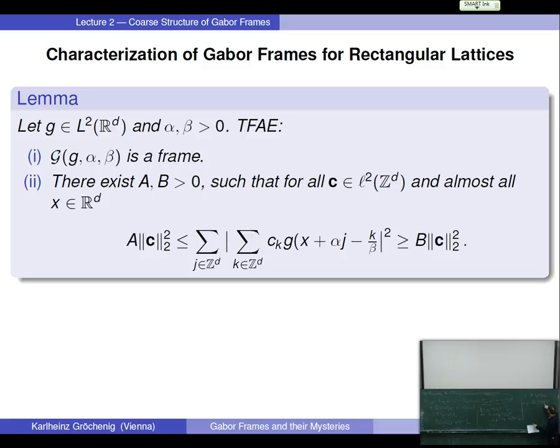And now you need the assumption that gamma is a Bessel window, so that this possesses an upper frame bound. Then you have that the ℓ2 norm squared of a is less than or equal to the norm of f squared, and that would be the important part of the Riesz sequence property.